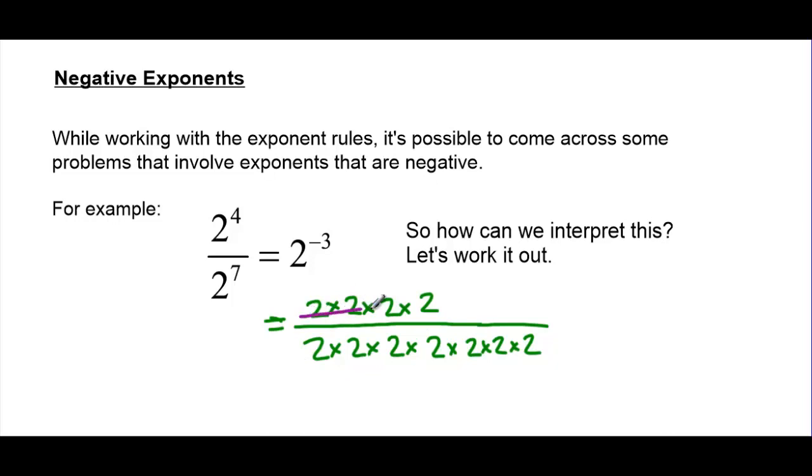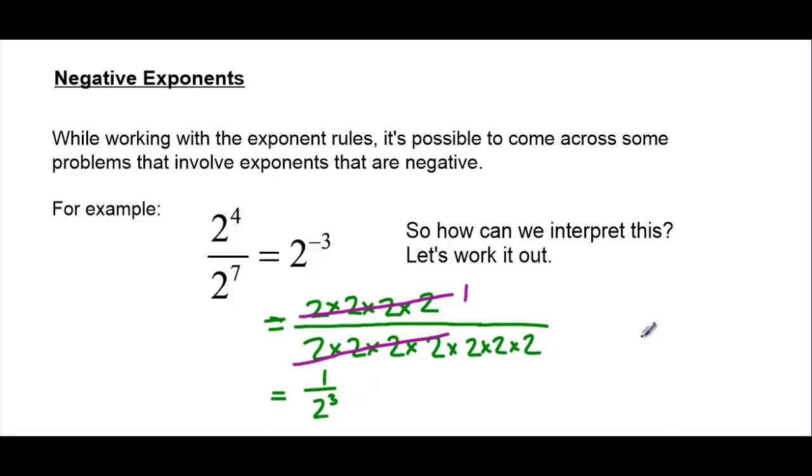In fact, 4 of these 2's are going to reduce with 4 of these 2's. And what we're left with, of course, when everything gets canceled, we're left with 1. So we're left with 1 over 2 times 2 times 2, or that's the same thing as just saying 1 over 2 cubed. So we have this 2 to the exponent negative 3, which is also the same thing as saying 1 over 2 to the exponent positive 3.